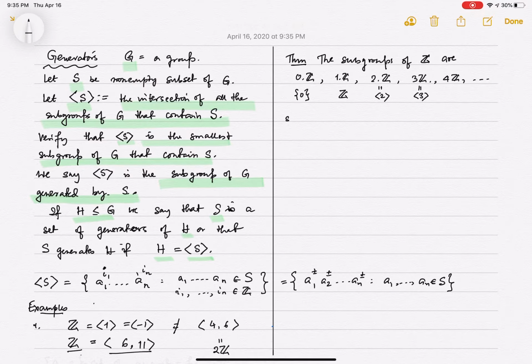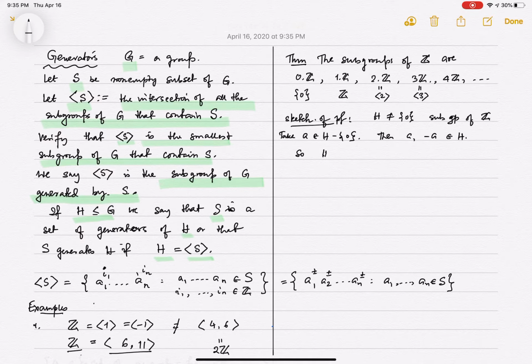And a very quick sketch of why: well, let H be a non-zero subgroup of Z, meaning there is some a in H that is non-zero. Then a and minus a both are in H, and at least one of them is strictly positive.